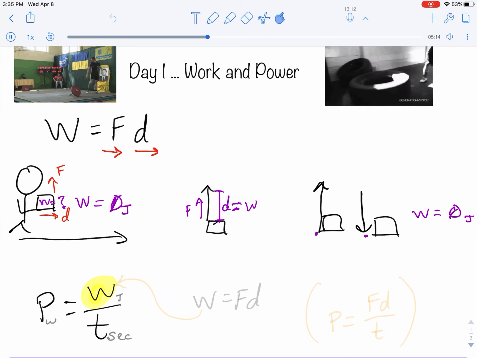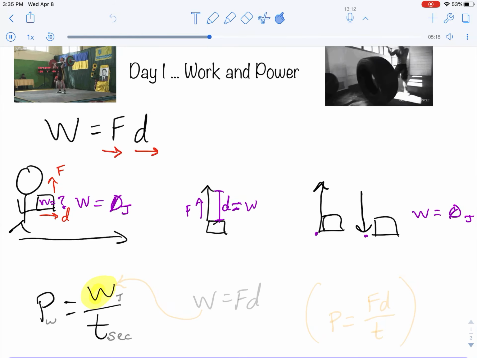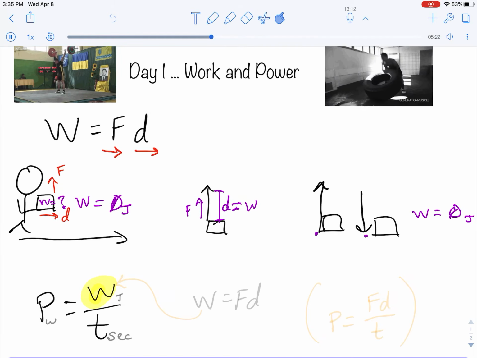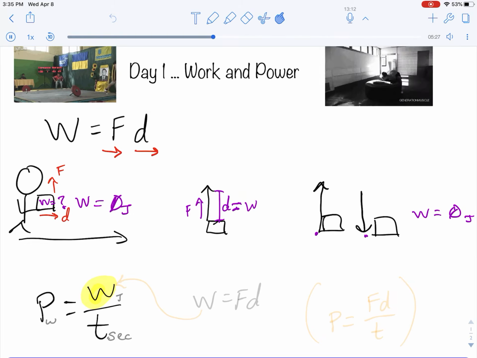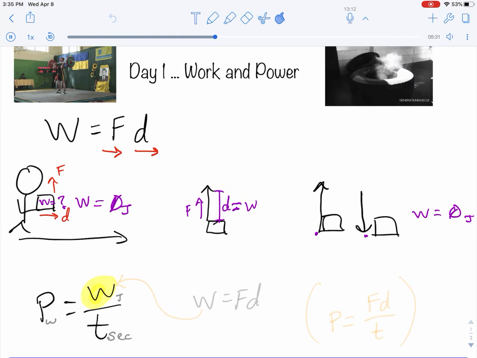Okay. The other thing that I wanted to remind you of is if you are being asked to solve for power and you don't know what the work is, then you can simply go and find that work value, provided that you have the force and displacement. This is going to happen quite often for you guys.